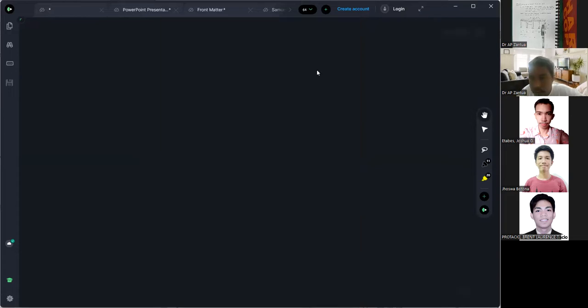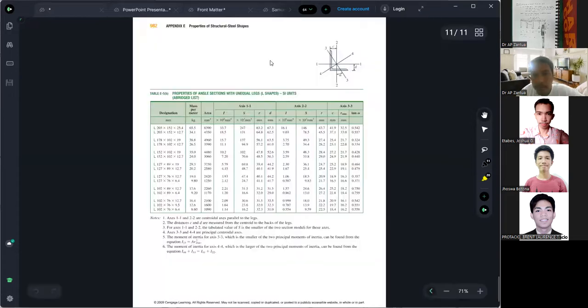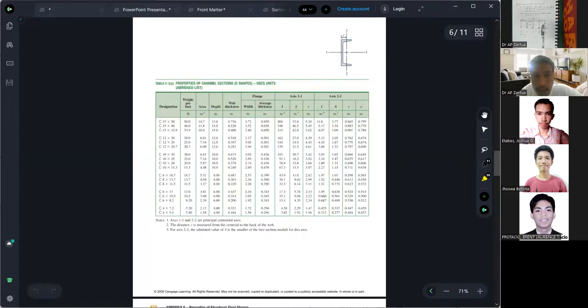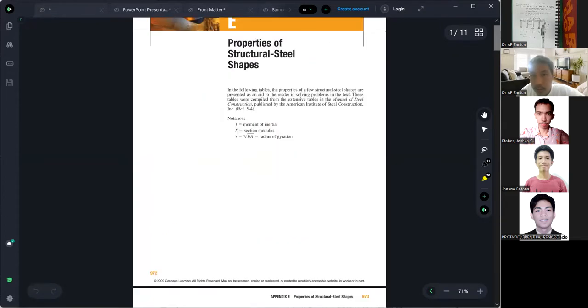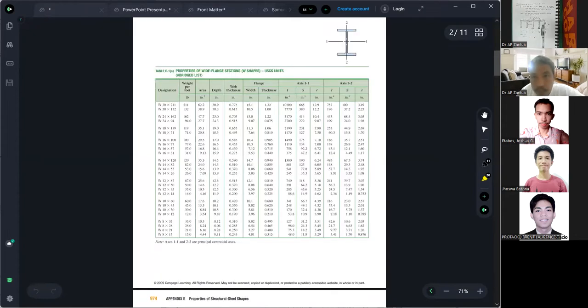Okay, the properties of the structural shape. This is angle. Let's go to the W. So W12.